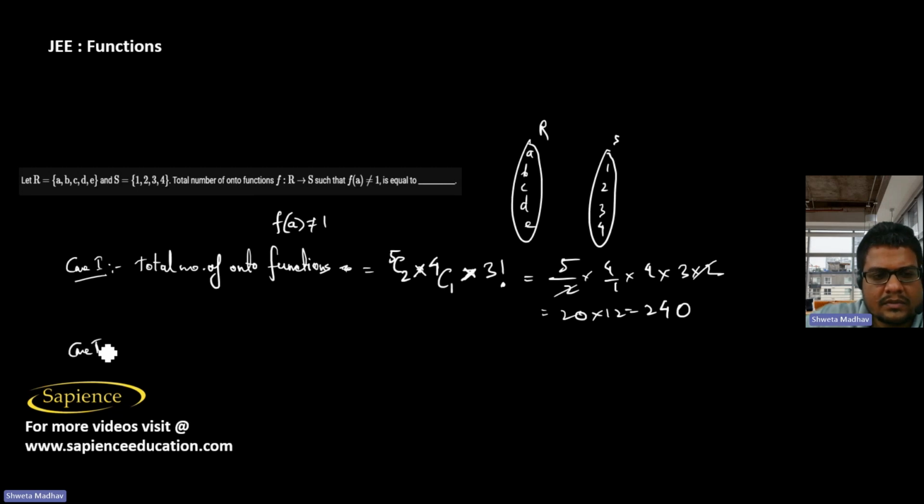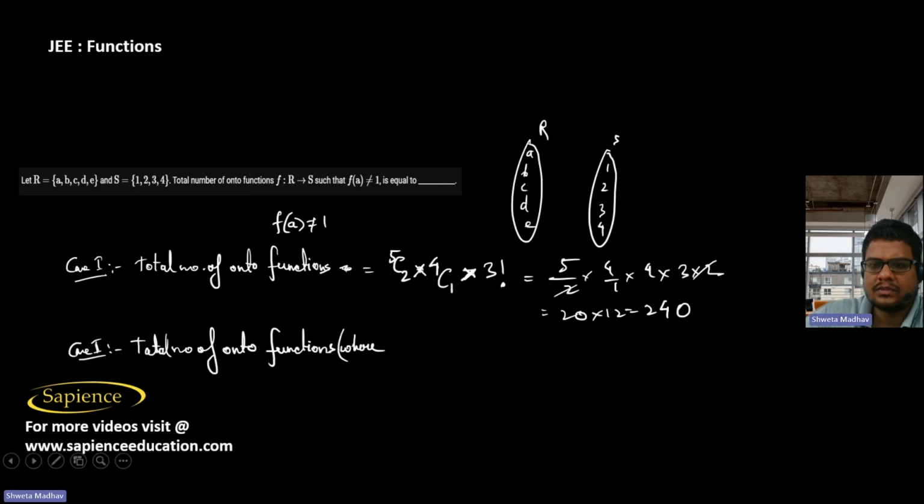And then in case 2, we can say that the total number of onto functions where f of a is equal to 1.